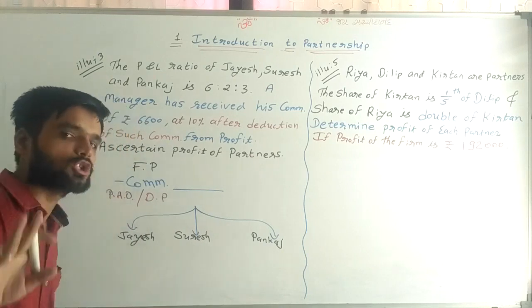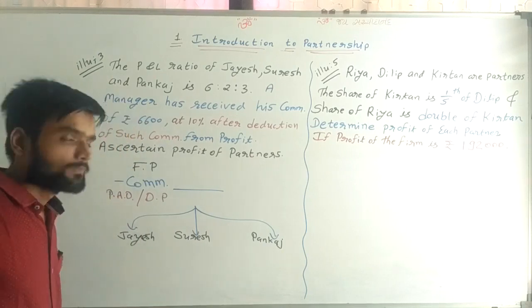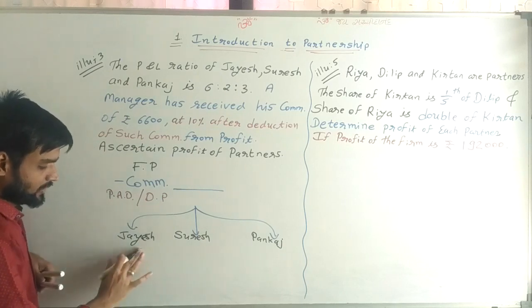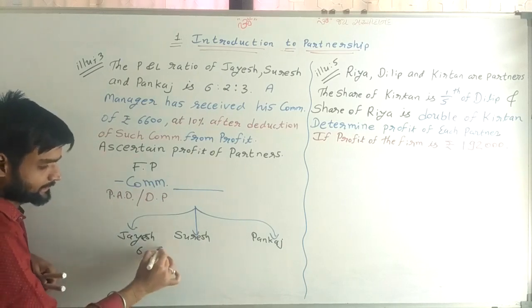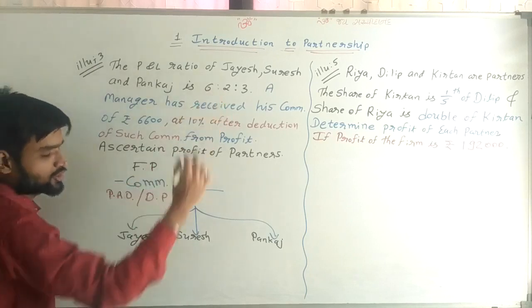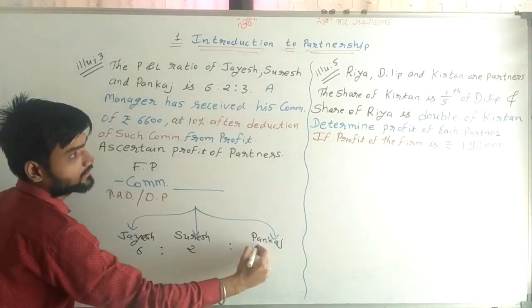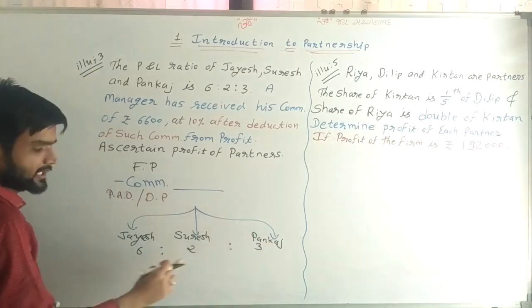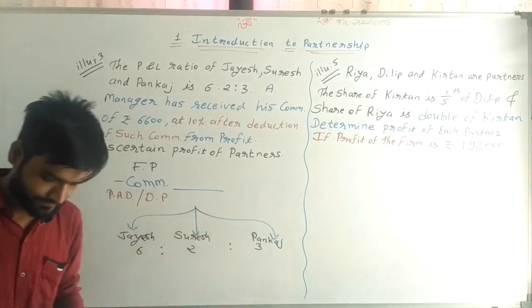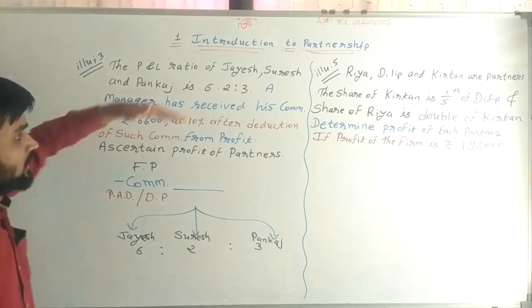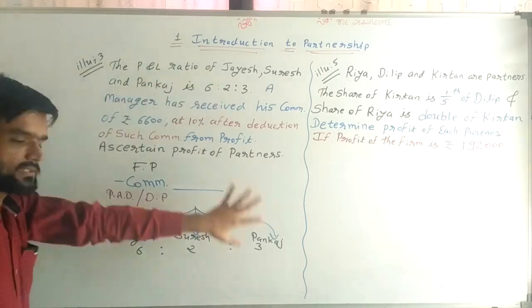And their P&L ratio is also given. So write it: Jayesh's ratio is 6, Suresh's ratio is 2, and Pankaj's ratio is 3. So 6, 2 and 3. Now read ahead. Up to this point, we can write these things.